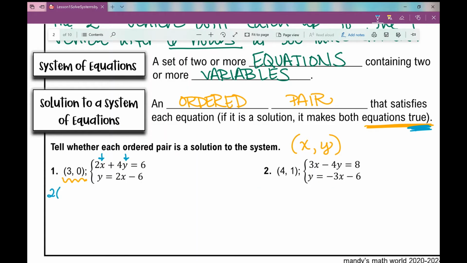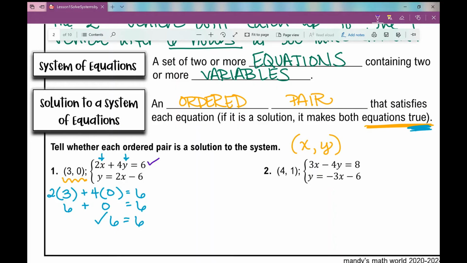So 2 times, remember I'm replacing, so I use parentheses, and substitute what I'm replacing it with, plus 4 times 0 equals 6. So my question is, does this equal 6? Well, 2 times 3 is 6, plus 4 times 0 is 0. Does 6 equal 6? It sure does. Let's go to the next one, and I'm going to change colors here.